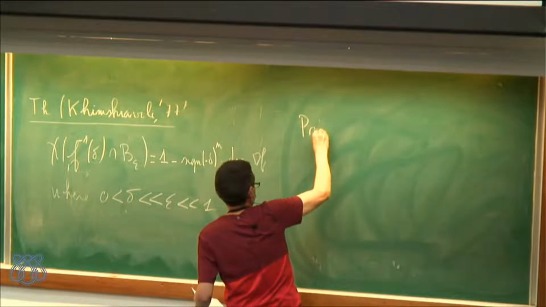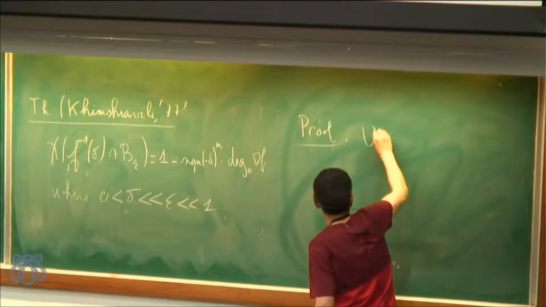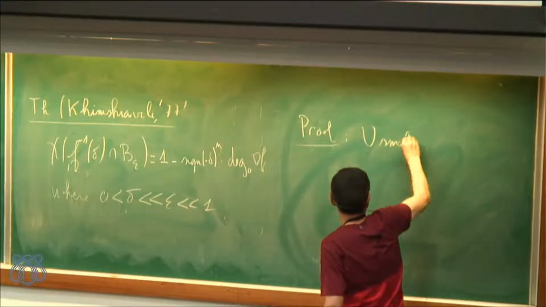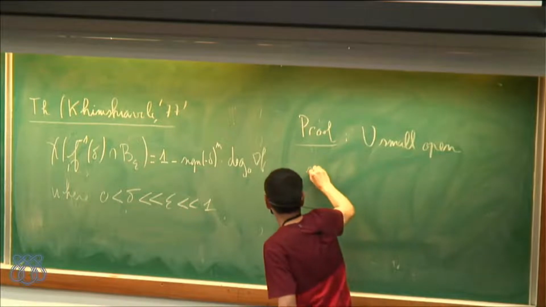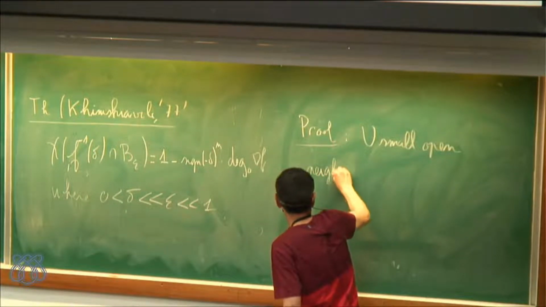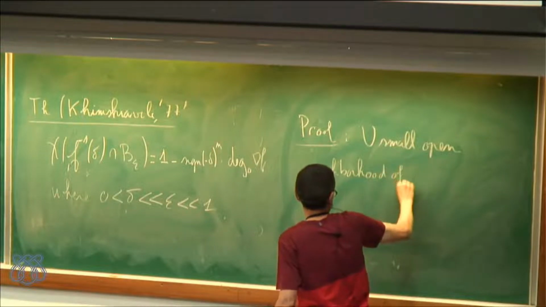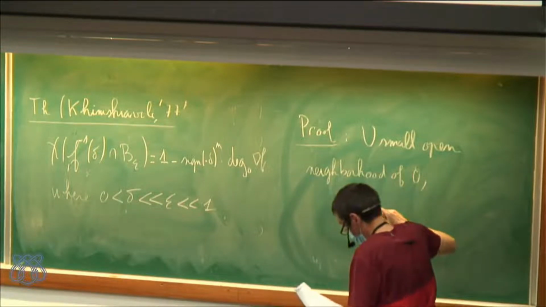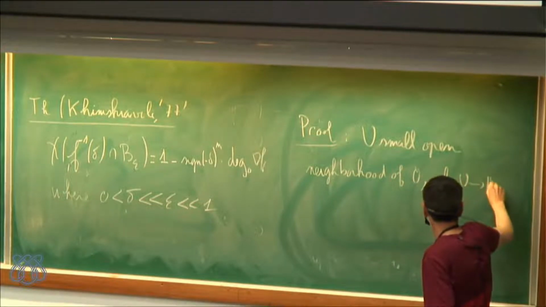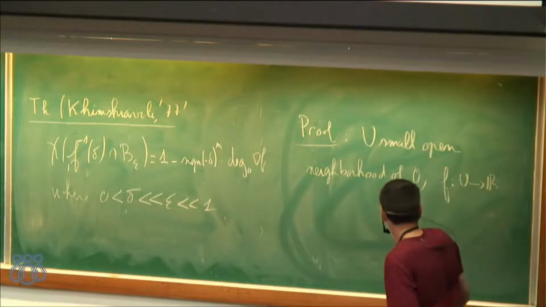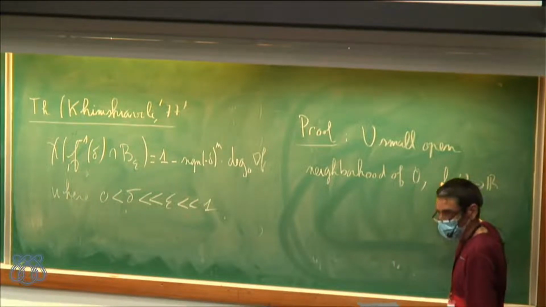So I take U, a small open neighborhood of 0, and I assume that f is defined on U. So what I do now, I perturb this function into a Morse function.